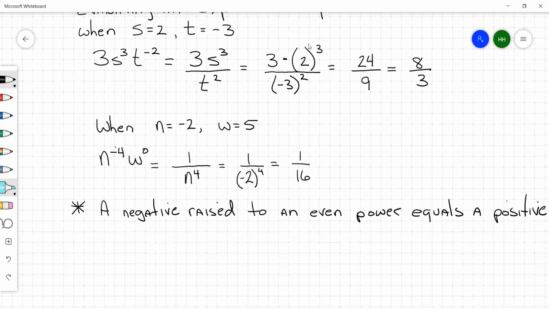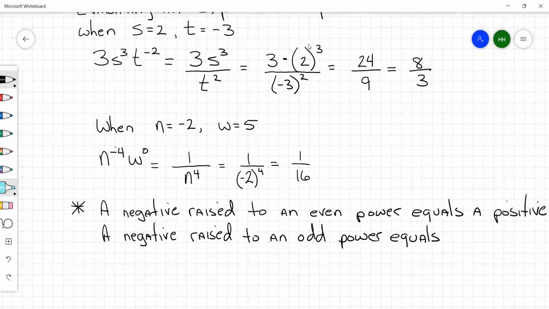A negative number raised to an even power equals a positive. And a negative raised to an odd power equals a negative. Sometimes that helps when raising negatives to different powers.